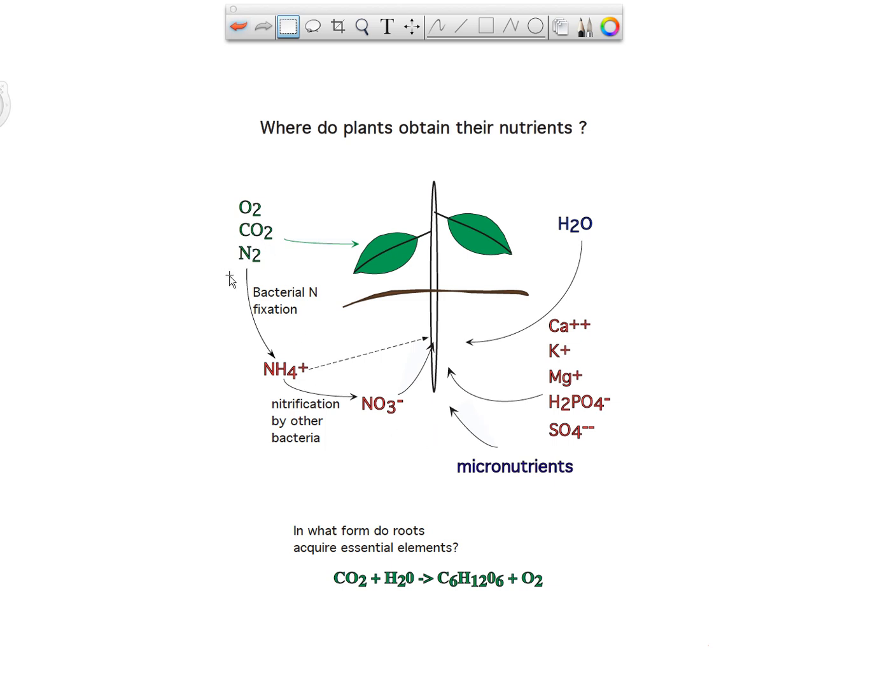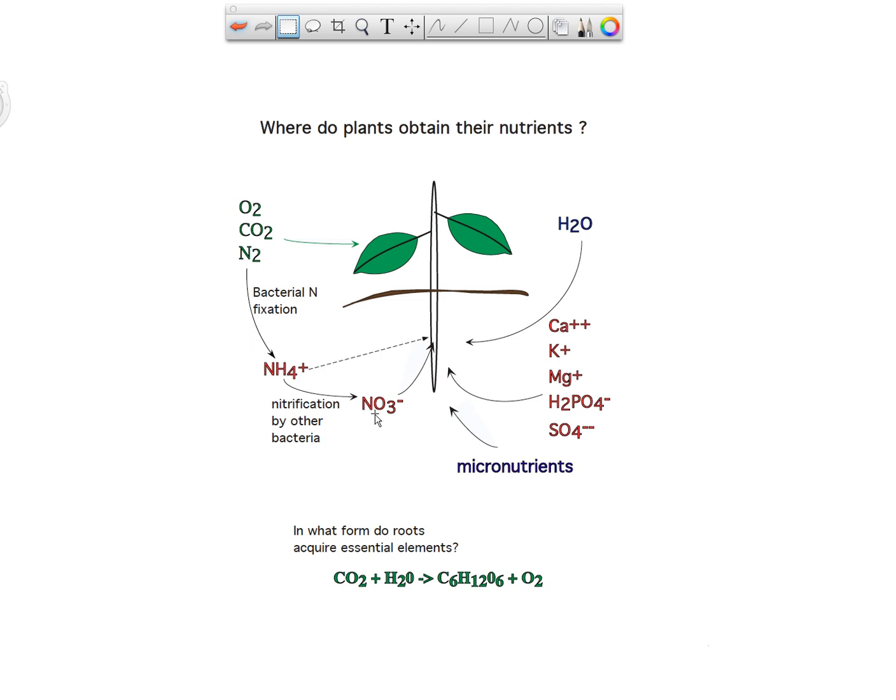Now, the nitrogen gas present in vast quantities in the atmosphere, nitrogen is 80%-ish of the air we breathe, is absolutely unavailable to plants. Plants cannot use nitrogen gas as a nutrient as they can carbon dioxide, as they can water, as they can ammonium or nitrate.